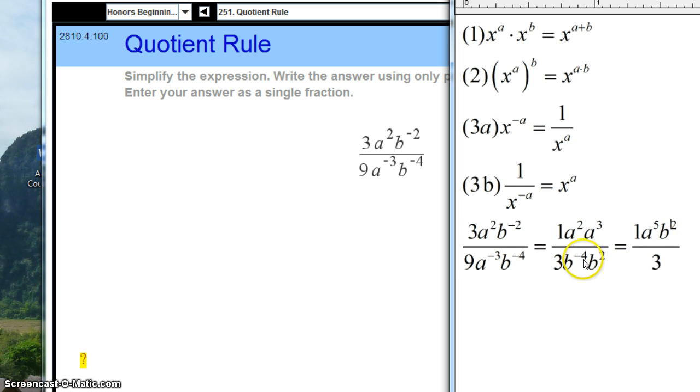So we could have skipped that step of bringing b squared to the bottom, adding them and seeing it's still negative, and then bringing it back to the top. We could have just said, okay, well, negative 4 is greater than negative 2. Bring that up, we'd get 4 minus 2. Okay, so we can kind of lose this 1 because it's just a 1. So this is our final answer, a to the 5th, b squared over 3.